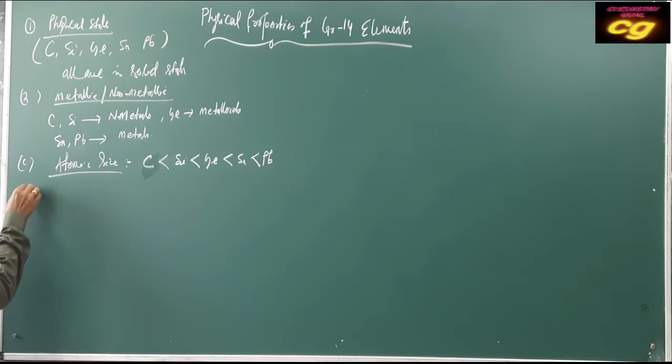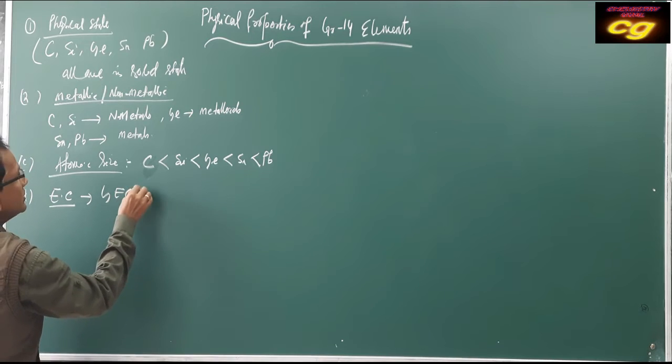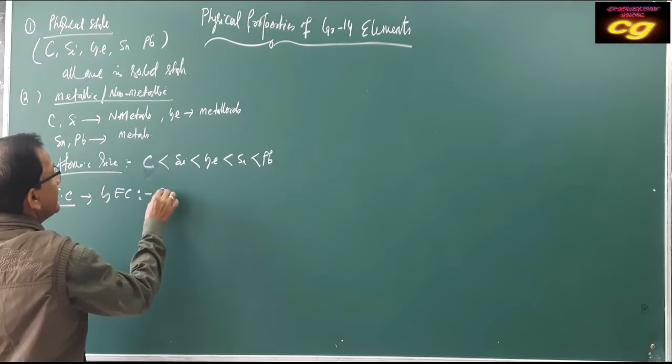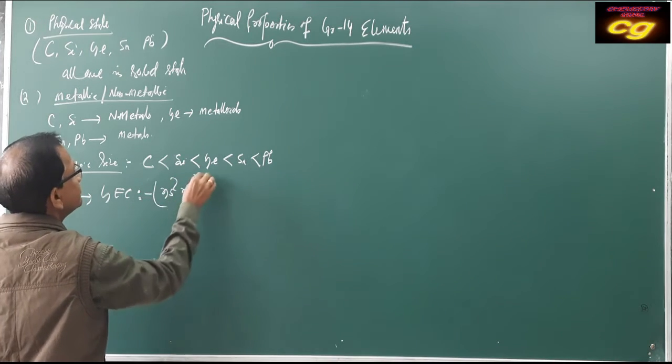Then electronic configuration. The general electronic configuration is ns2 np2.